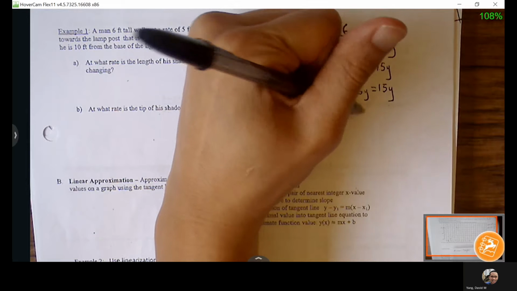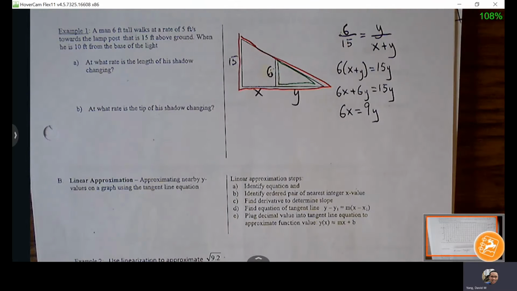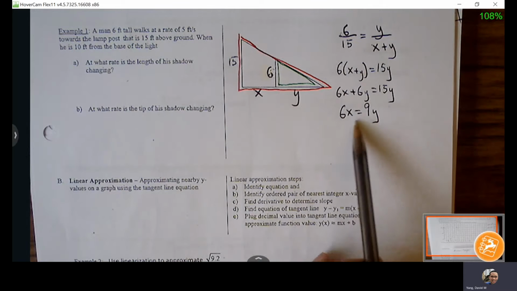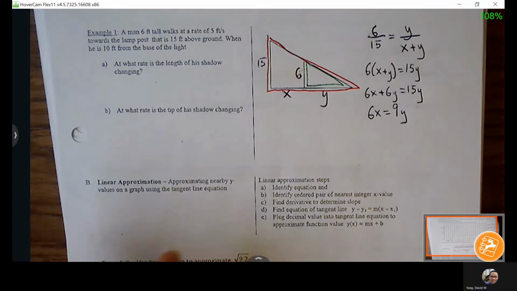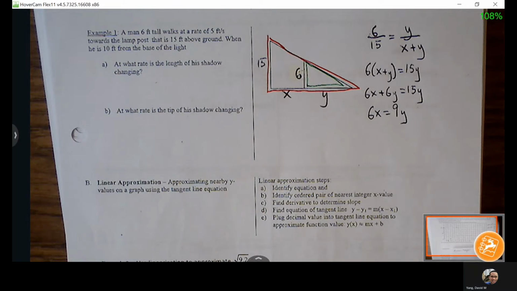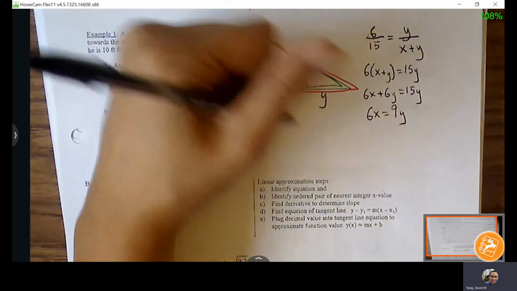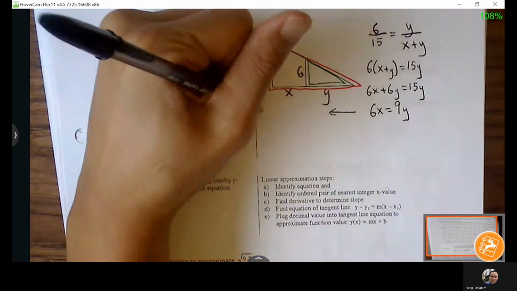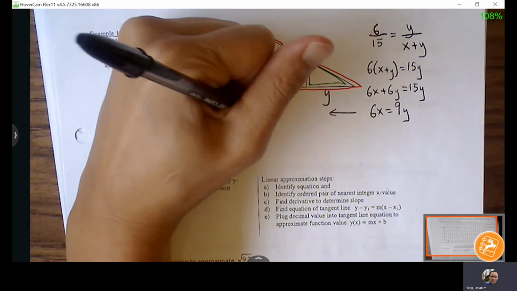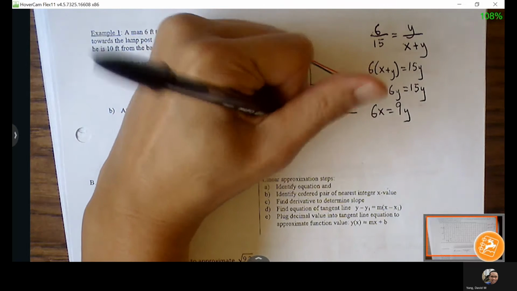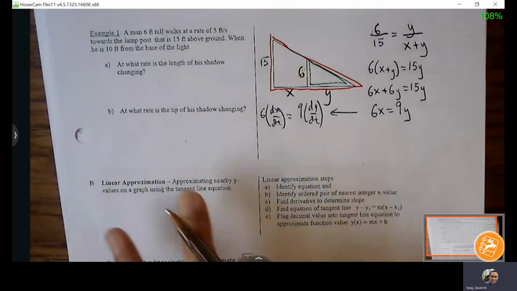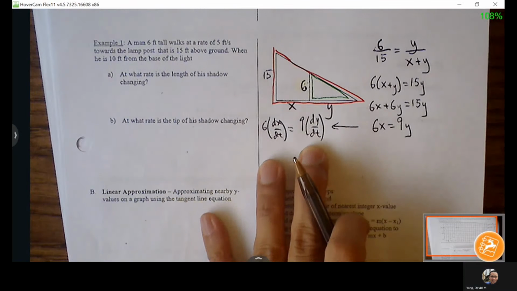Okay, there's our equation. Derivative is next. What's our derivative? So 6x over 3, 9. All right, there's the end of our calculus step.